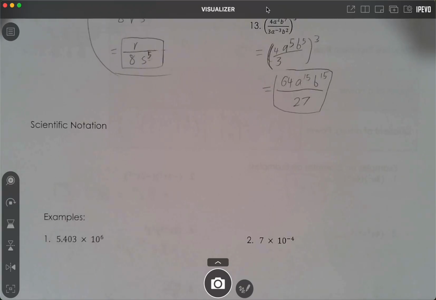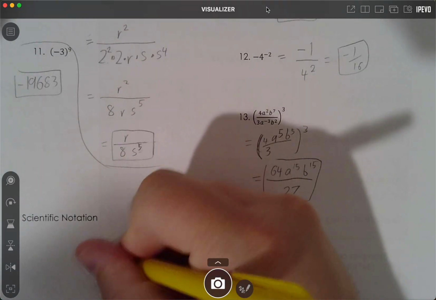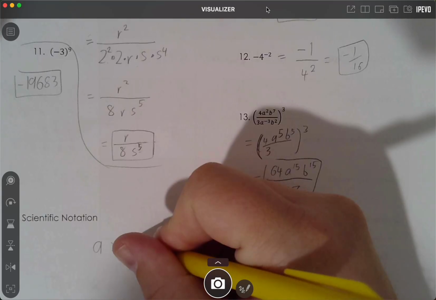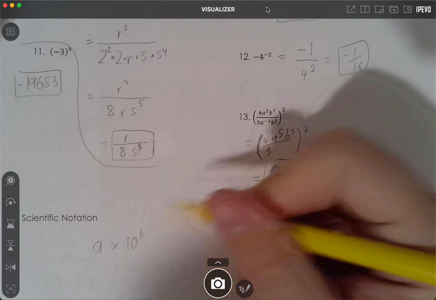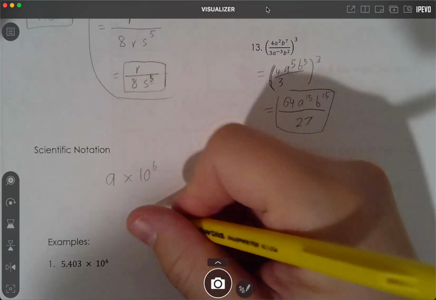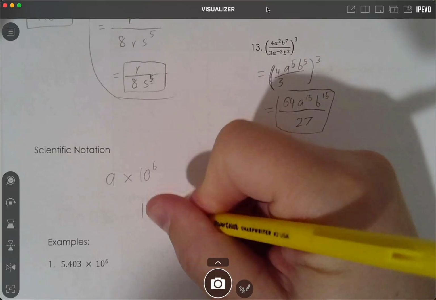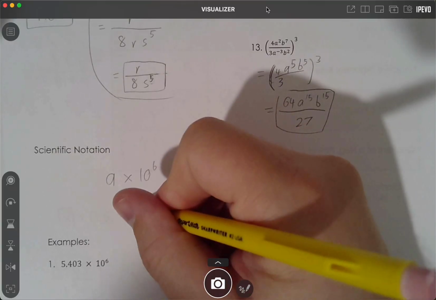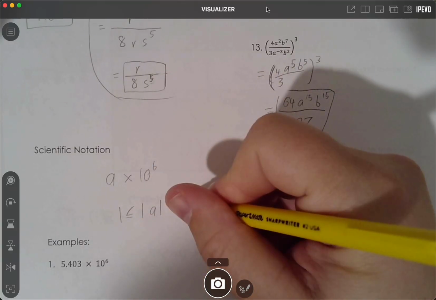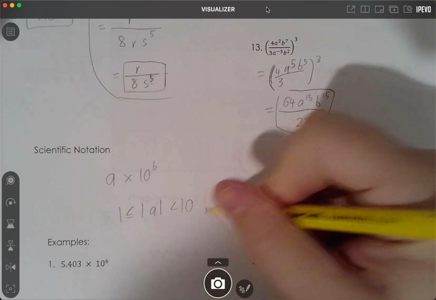For this next section, we're not going to write down the facts about scientific notation. I think most of us know what it is. The one thing I will say, though, is, sorry, I guess we will. The idea here is the absolute value of A has to be between 1 and 10.